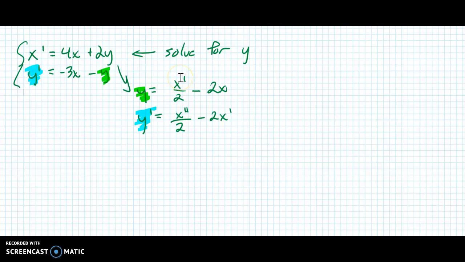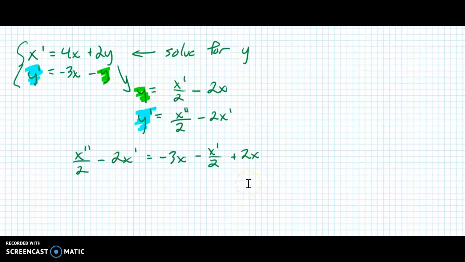So if I do that, y prime first is, so I'm going to write this, x double prime over 2 minus 2x prime, and then equals, then I got my minus 3x right there, and then minus y. So minus this thing. So I'm going to go minus x prime over 2, apply that negative in, don't miss the double negative there, plus 2x.